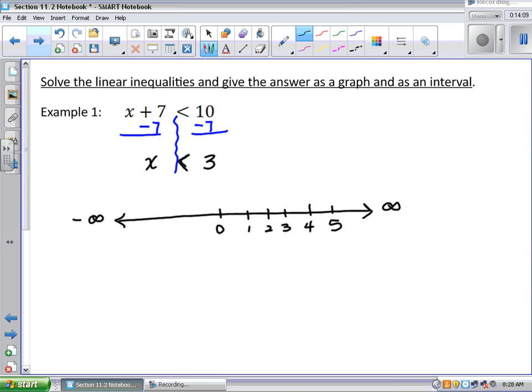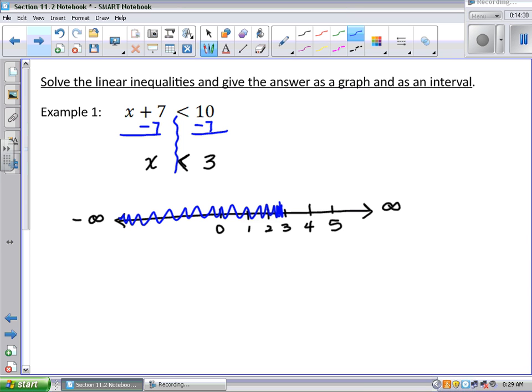And I like to put a couple numbers on each side of 3 and just kind of think of which side am I going to shade. I have x is less than 3, so x has to be on the left of 3. So I'm going to shade from 3 on down to the left.